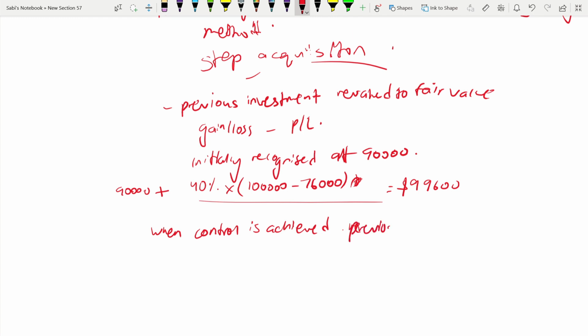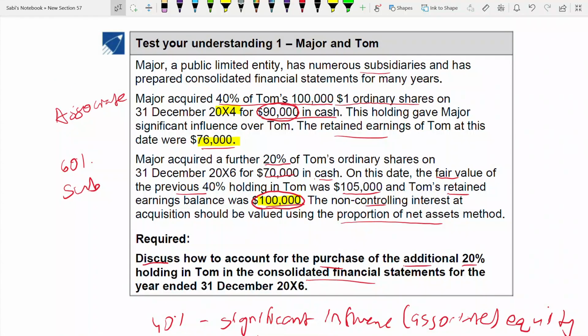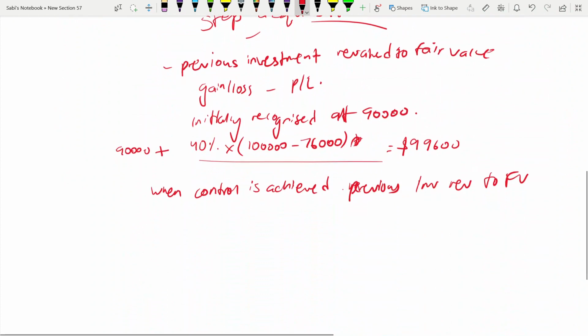How much? I think they have already given the amount. I will highlight it for you: 105,000. They have already given the fair value, so it will be at this amount, 105,000.